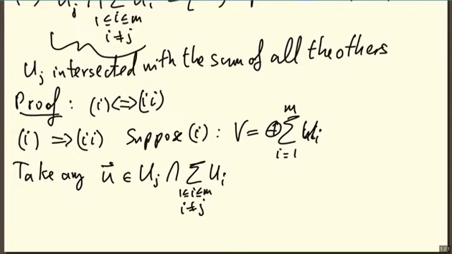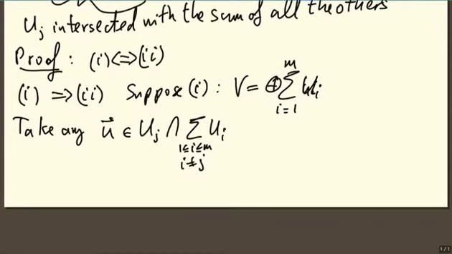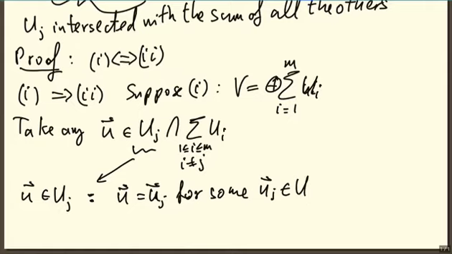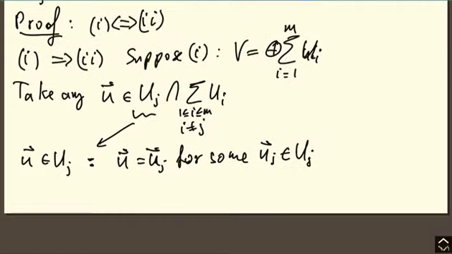So we take a vector, it's in the intersection, that means it's in both. Since u is in the U_j subspace, that means u equals u_j for some u_j vector from the U_j subspace. But then it's also in the other sum.